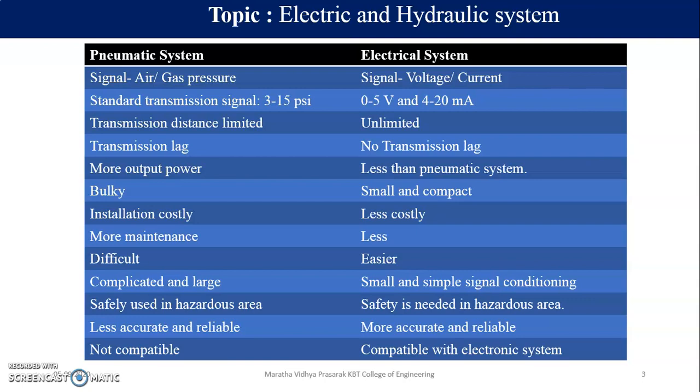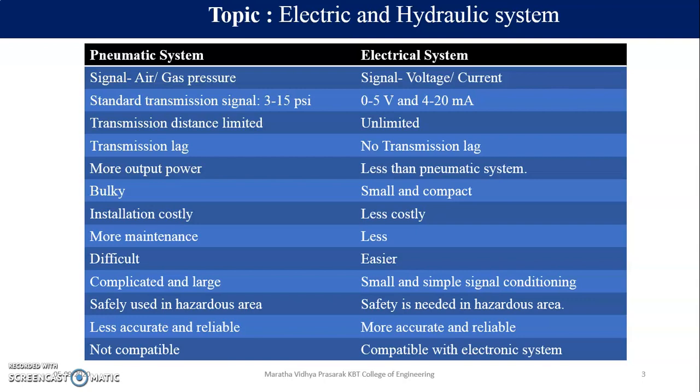Else if you don't, then there will be wear and tear, there will be the internal system of the actuators will degrade, and that is not a good thing. So maintenance is required. You need to do regular maintenance for your pneumatic systems. I mean electrical it is less because we just need to calibrate the things. Then pneumatic systems are difficult to handle and electrical systems are easier.